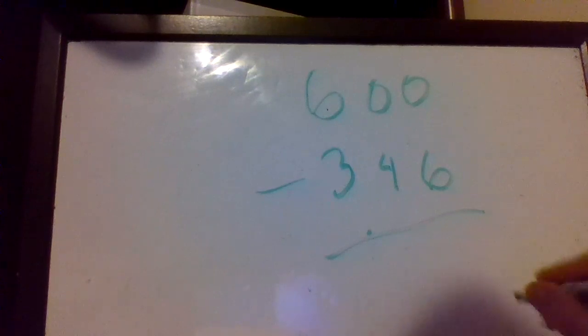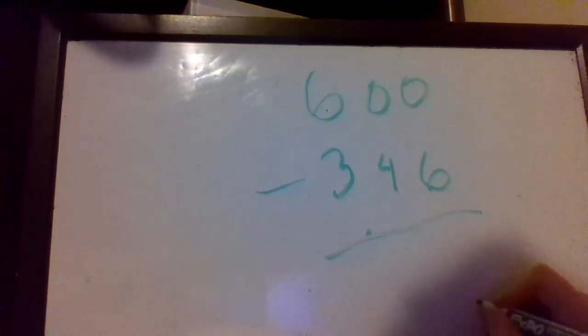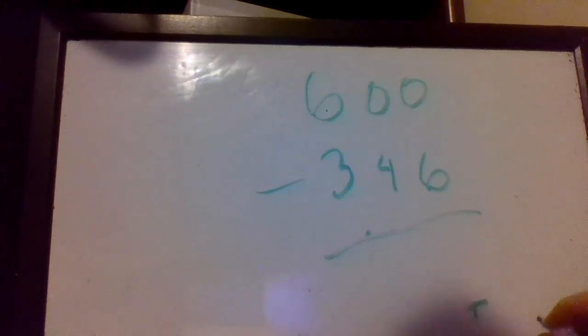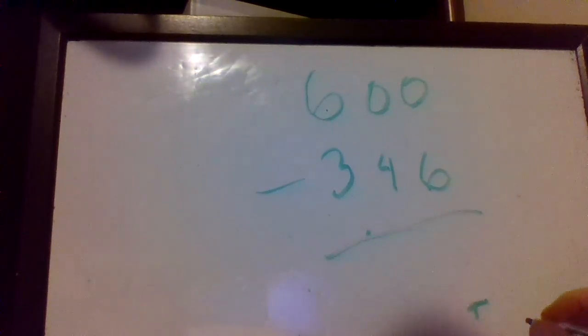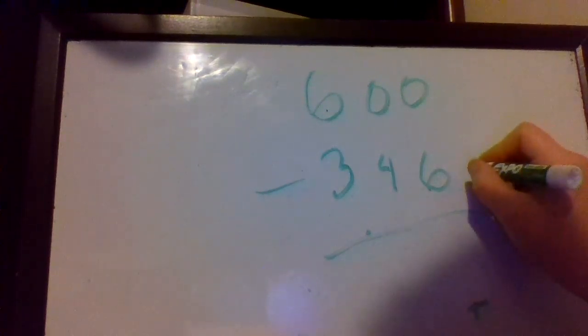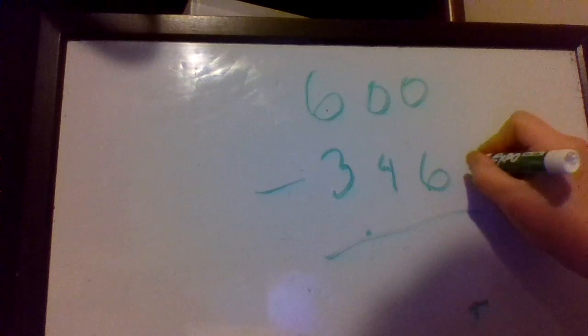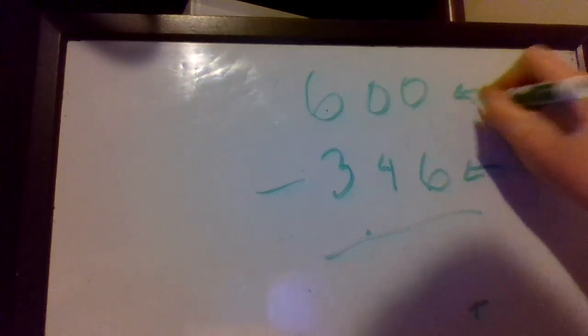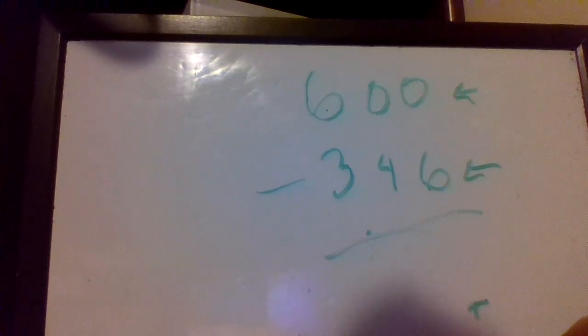So now we're going to start on this side, guys. Always start on this side. We're going to ask ourselves, is the bottom number bigger than the top? Is 6 bigger than 0? The answer is yes. 6 is bigger than 0.